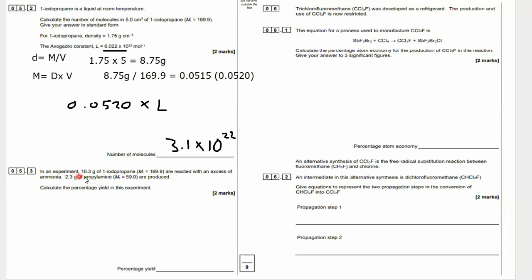5.3, in an experiment, 10.3 grams of 1-iodopropane, MR 169.9, are reacted with an excess of ammonia. 2.3 grams of propylamine, MR 59, are produced. Calculate the percentage yield in this experiment.